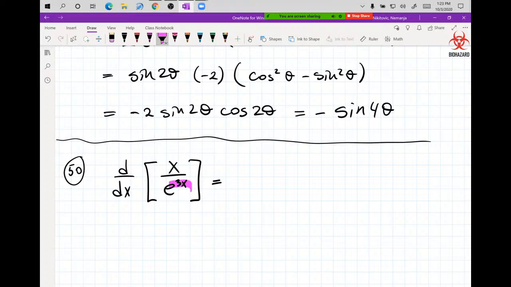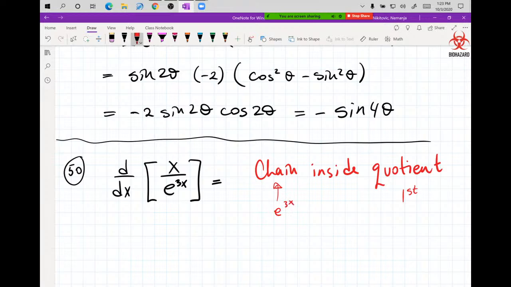It is a chain rule inside the quotient. Chain inside quotient. So you do the quotient first, and when you are taking the derivative of e, the chain kicks in.